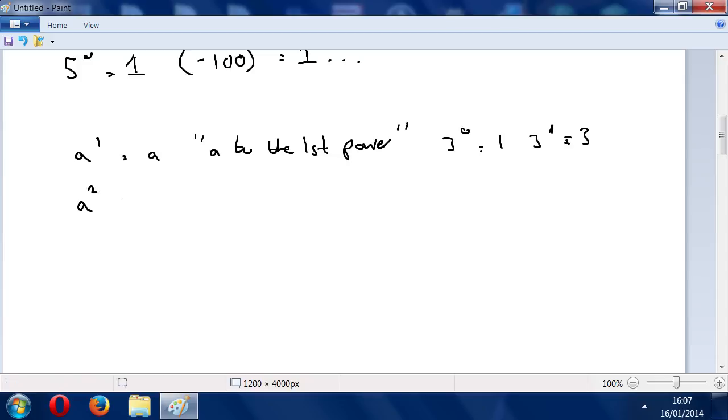We've got a squared. This is a times a. It can be said in two ways: a to the second power, or a squared.